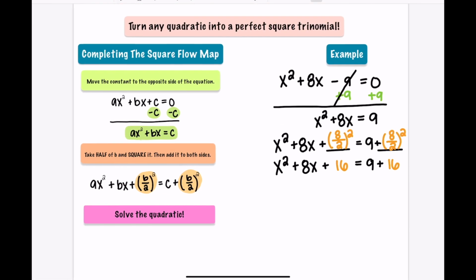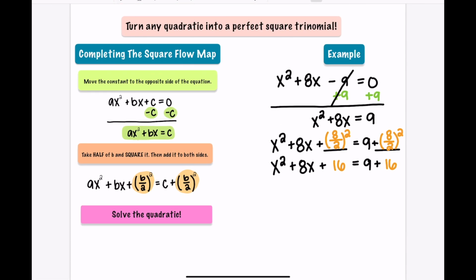Now we can continue solving this quadratic using what we already know about solving quadratics. We made this a perfect square on purpose, so that it would be easy to solve. If we were to factor this, our two numbers that multiply to be 16 and add to be 8 are 4 and 4.